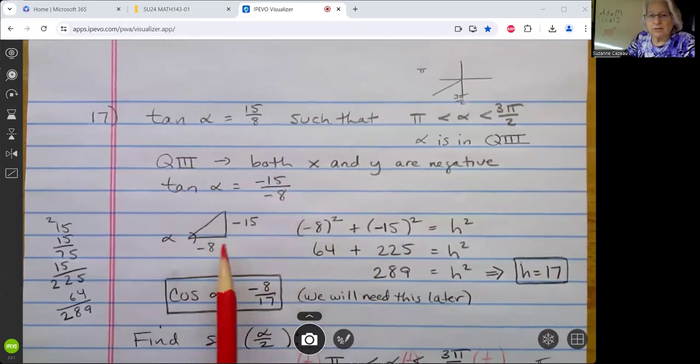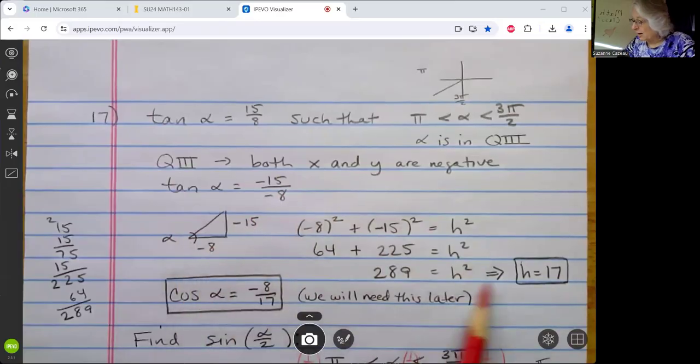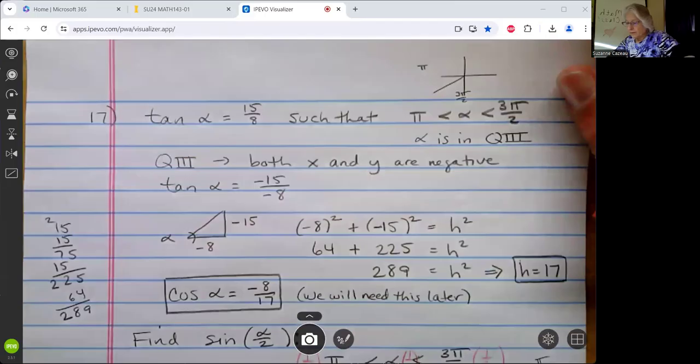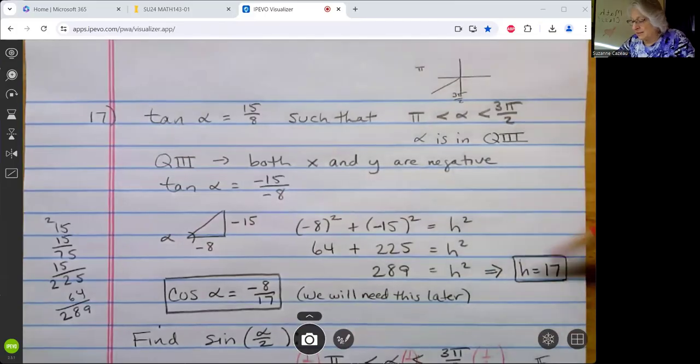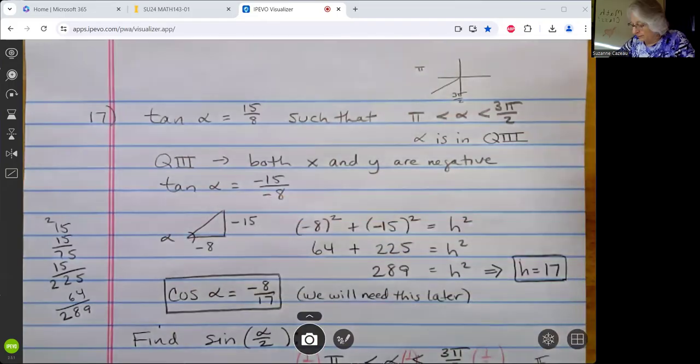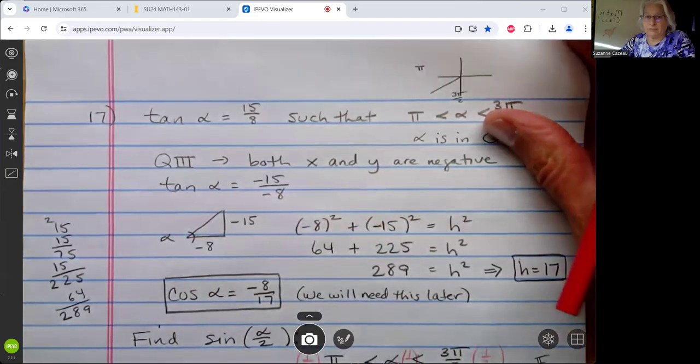So this is what the triangle would look like for alpha. You've got your x and your y, and your hypotenuse is going to be 17 when you use the Pythagorean theorem. We will need this later, because we're going to want the cosine of alpha when we plug it into the formula.